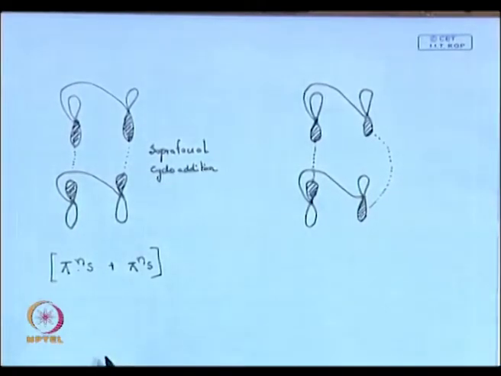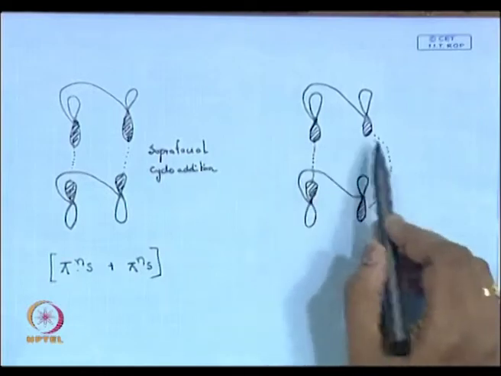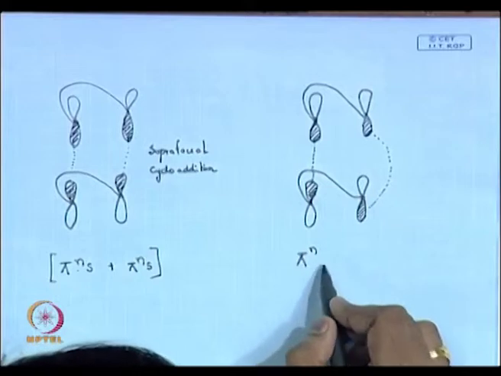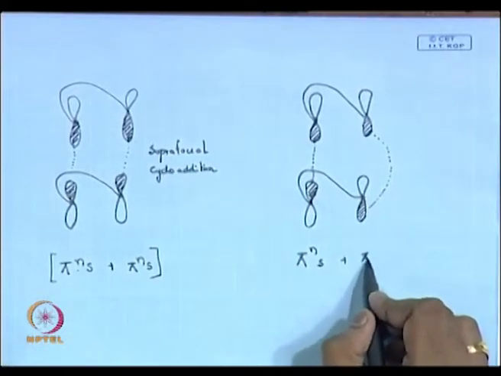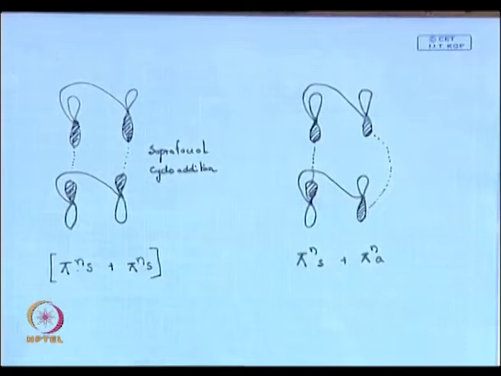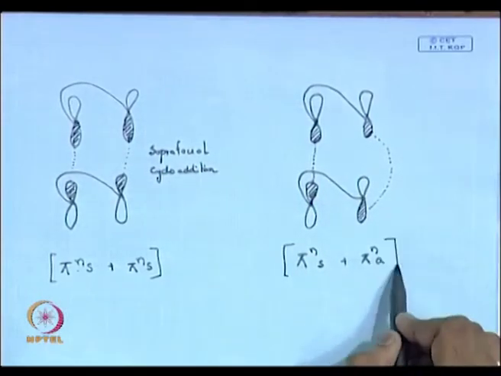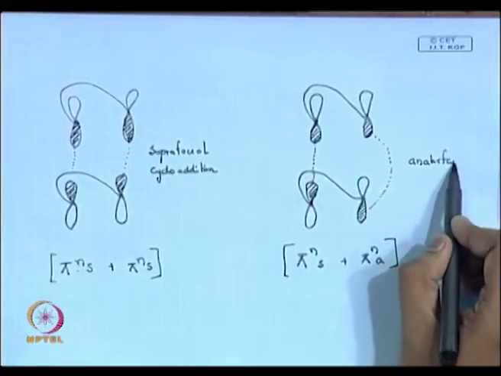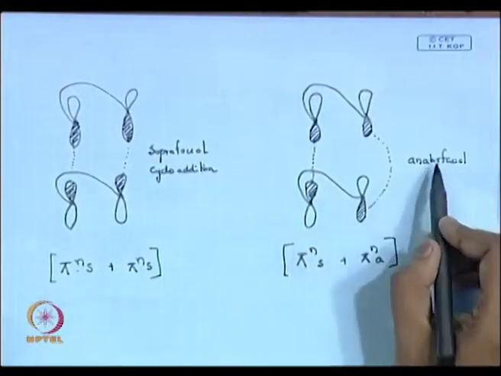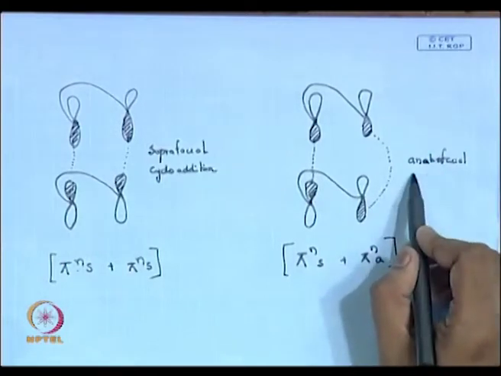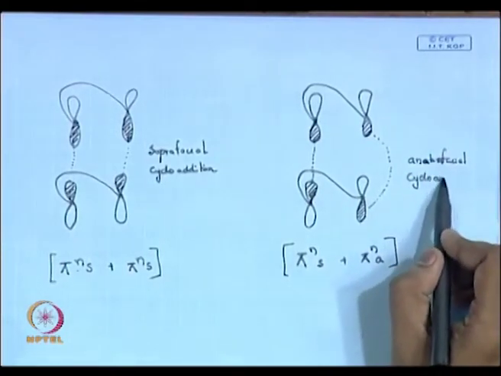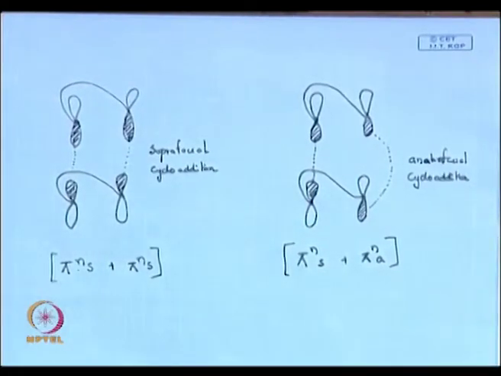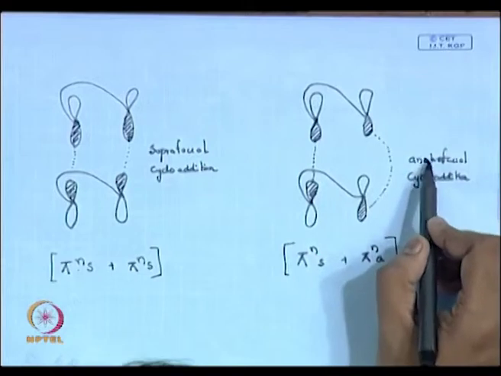So, that will be antarafacial, and this will be suprafacial. How do you write that? You write pi n s plus pi n a. So, this is your antarafacial cycloaddition.